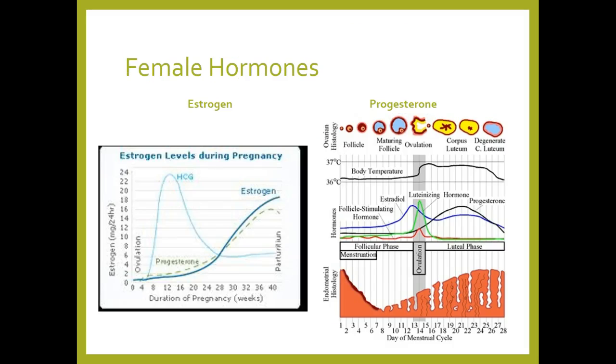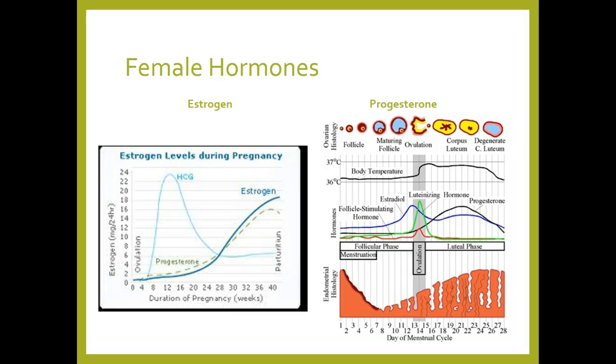Okay, so here are a couple of charts that talk to you about the two female hormones, estrogen and progesterone. Okay, the female reproductive cycle consists of two cycles that occur at the same time.